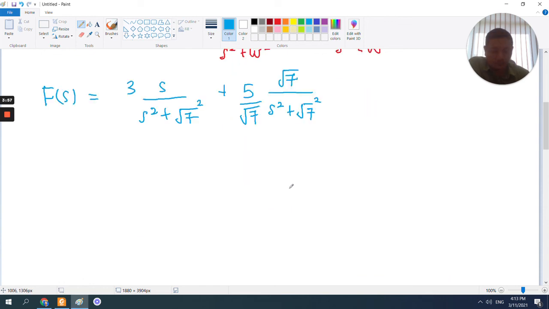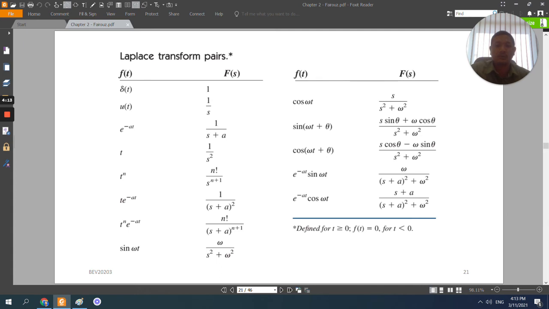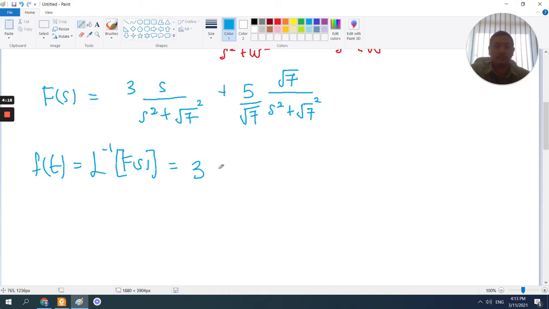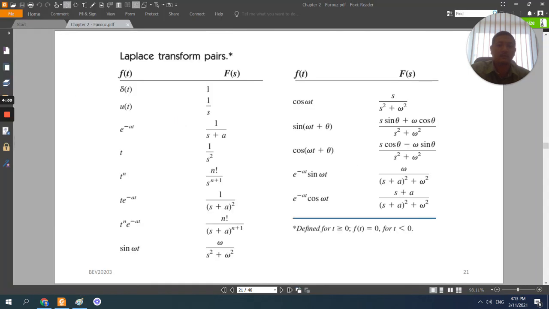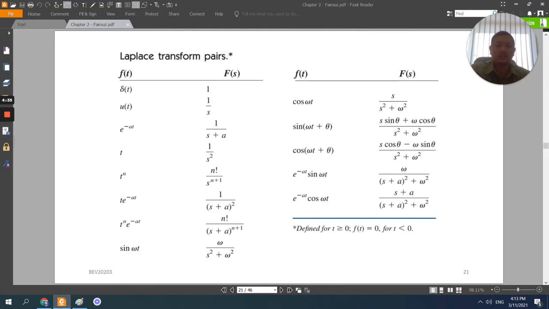So now we can perform the inverse Laplace transformation of F(s), which is now 3 times cos omega t, where omega is the square root of 7, plus 5 over the square root of 7 times sine omega t, where omega is the square root of 7. Sorry, the s term is cos.